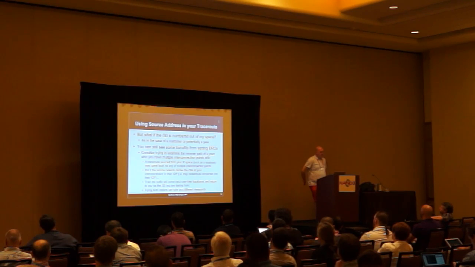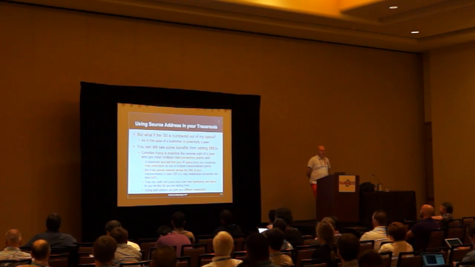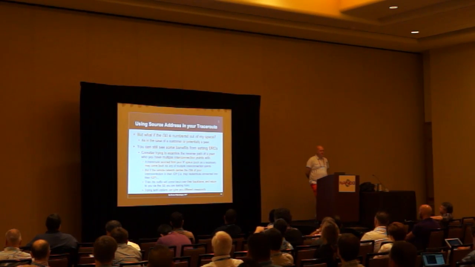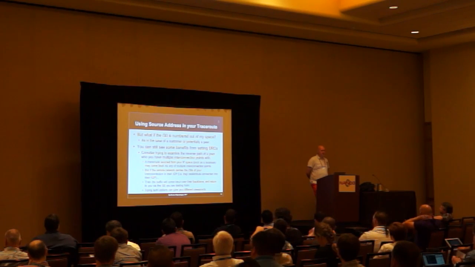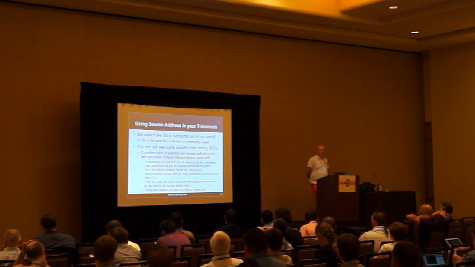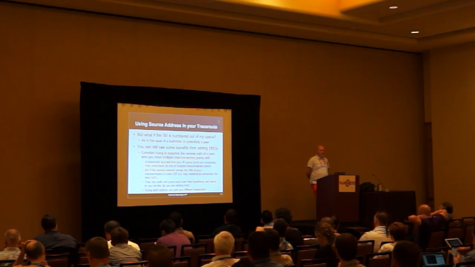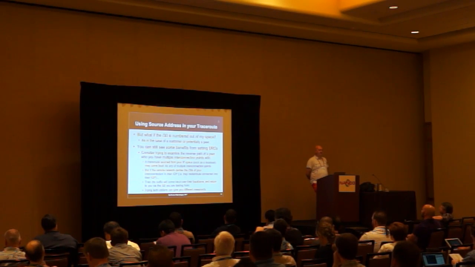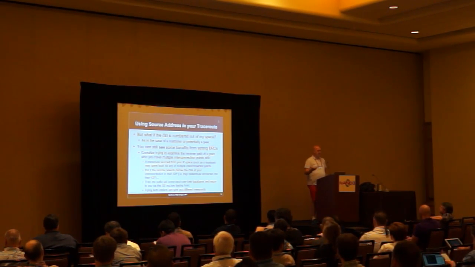So how do you use source address in your traceroutes? What if it's numbered out of my space, as in the case of a peer? You can still see some benefits. Typically what I tell people to do is start sourcing from as many different diverse sources as possible and see what you can get. So for example, say that I peer with Level 3 and we have a /30 between each other, and it's my /30. So I can't set it to their side and hope that it all just works out, because it's not.